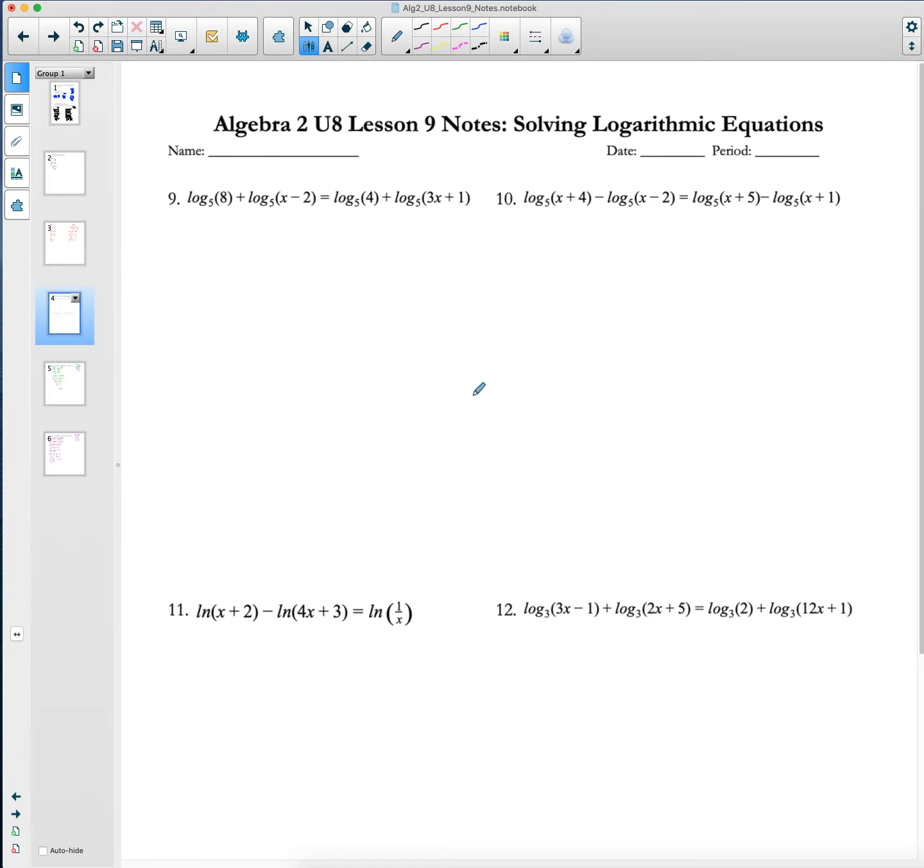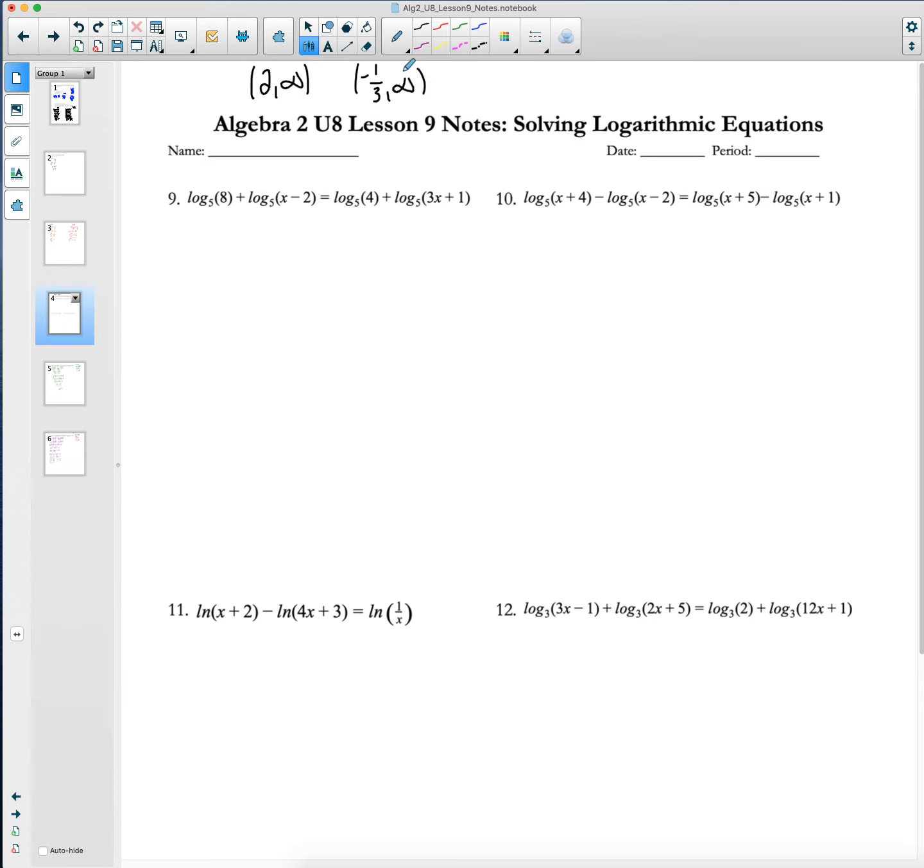But before we do that, once again, we have to look at our working domain. If it's a constant like it is in the first one, that's no big deal. I'll write it right up here: this has a working domain of 2 to infinity, and this has a working domain of negative 1/3 to infinity.